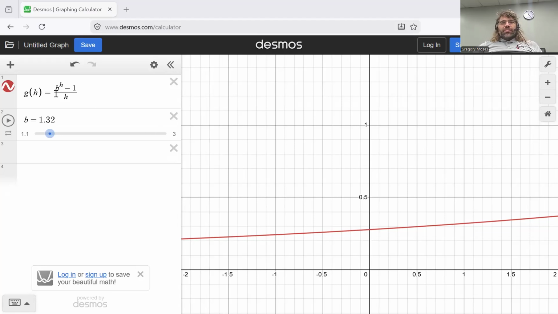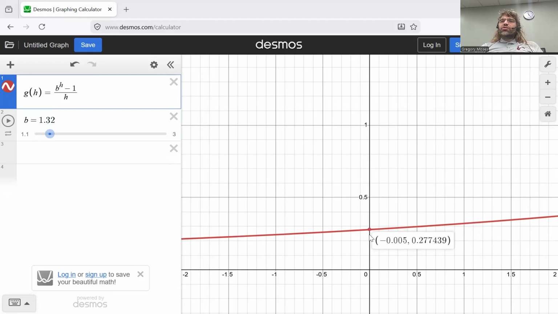And predictably, what happens as h approaches 0 depends on b. So here we're looking at b equals 1.32. And as h approaches 0, this fraction is approaching something like 0.278.